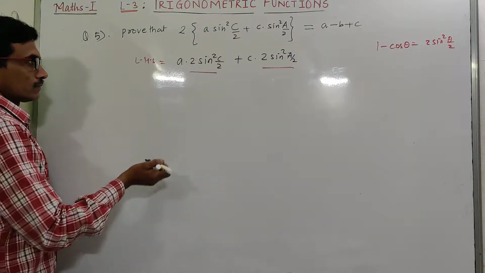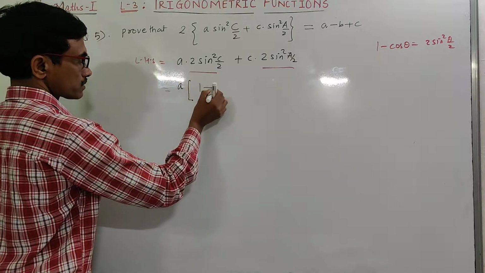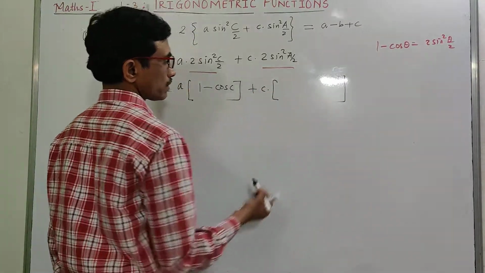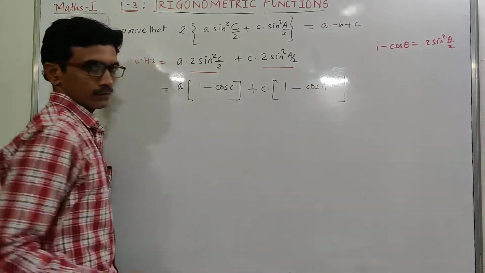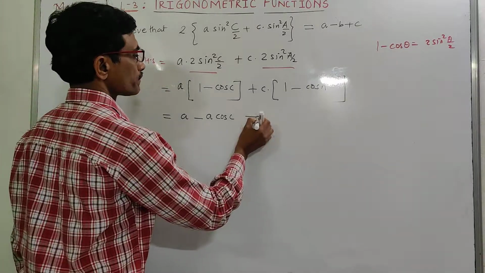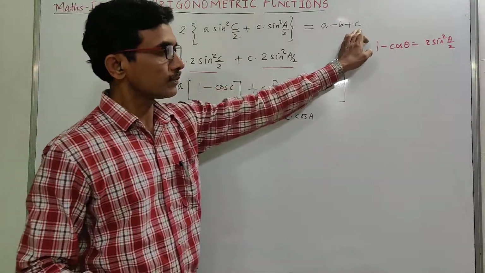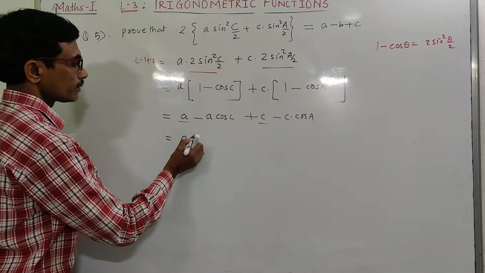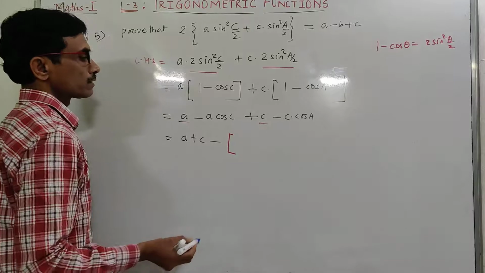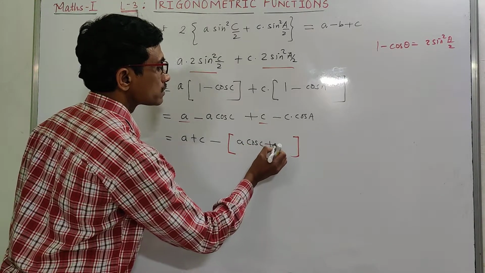We apply this result, and in place of this we write A into 1 minus cos C plus C into 1 minus cos A, multiply, this will be A minus A cos C plus C minus C cos A. Group this A and C, which is required in the right hand side, A plus C. So A plus C, minus and minus, this we take in one bracket, minus sign we took common, A cos C plus C cos A.